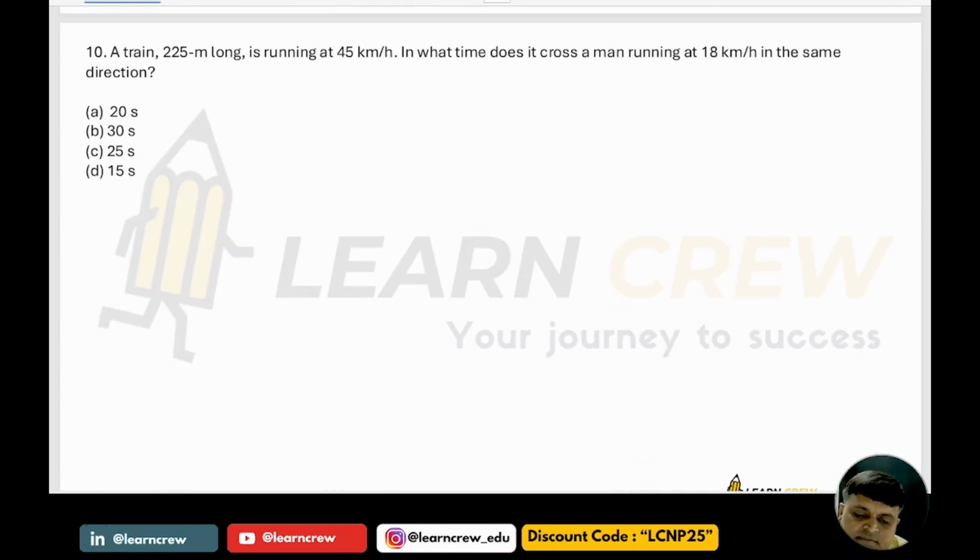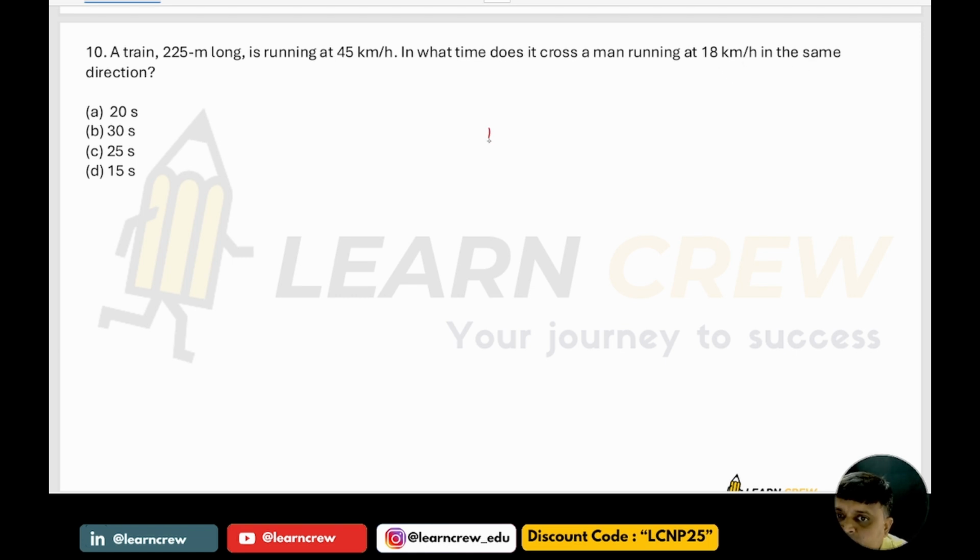Question number 10. A train 225 meters long is running at 45 km per hour. In what time does it cross a man running at 18 km per hour in the same direction? So a train is crossing a man, but the man is not standing still; he is also running at 18 km per hour.